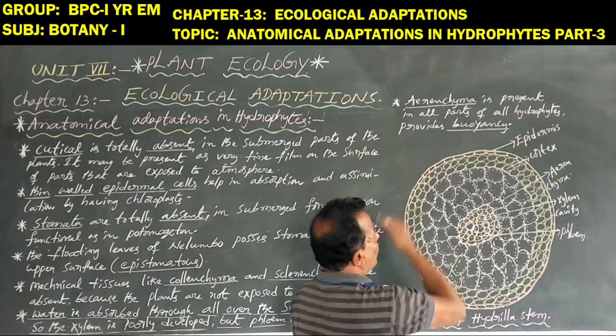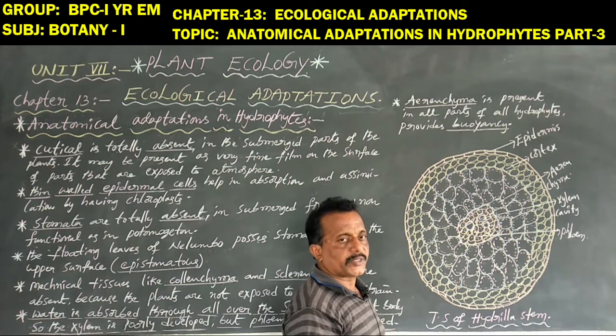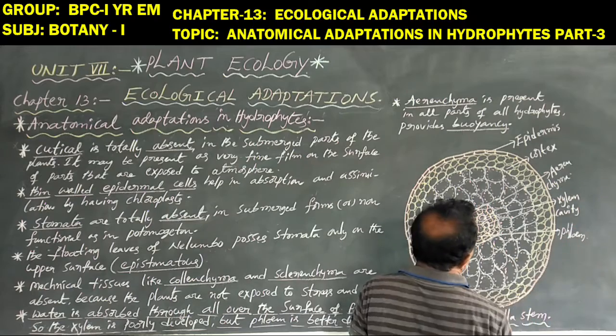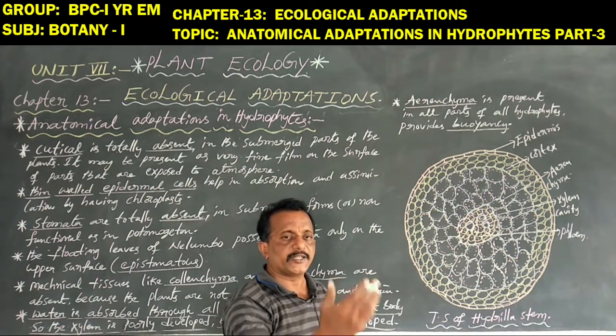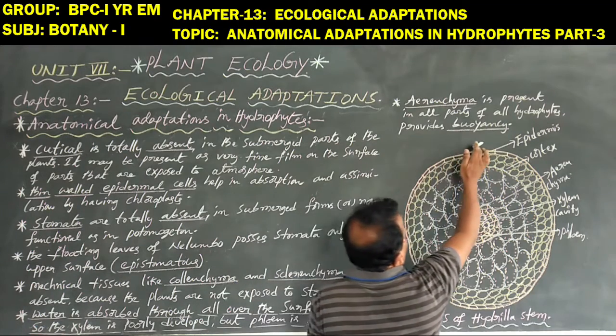Generally, in all higher plants, gymnosperms and angiosperms, the epidermis is covered by a protective layer called cuticle. The epidermis is a single layer covered by one cuticle layer.